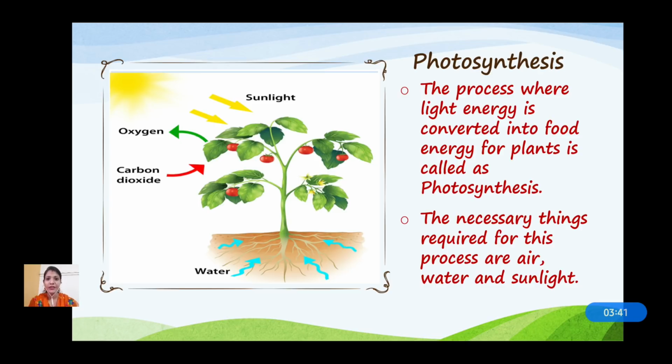Yes, it prepares food in the presence of sunlight, air and water. In the presence of all these three things, the leaf prepares food and then through the stem it passes to other parts of the plant, and this is how all the parts of plants grow through the process of photosynthesis. The necessary things required for this process are air, water and sunlight, as I told you. Okay.